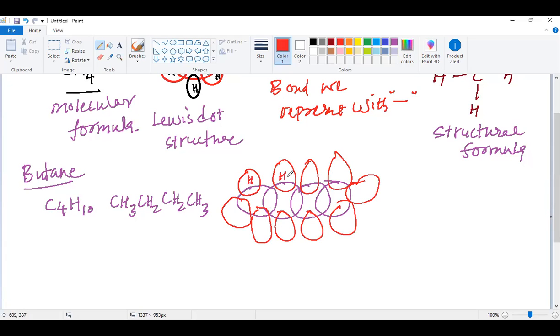And we can show all the hydrogens. We can show all the carbons inside. Then we put the dots here. So now you understand about this. Or even we represent it in this manner. This way.